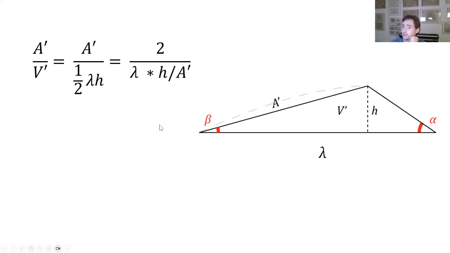That becomes 2 divided by the wavelength, multiplied by the height over the hypotenuse of the windward triangle, which is actually the sine of beta.